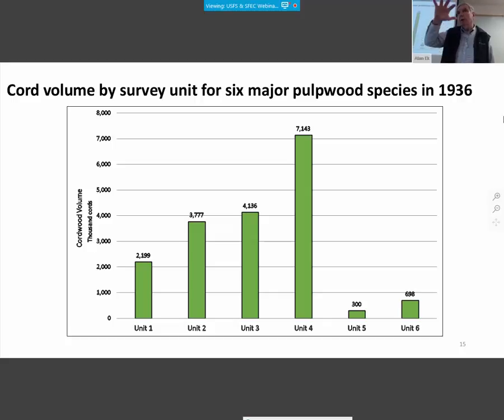Units 3 and 4 are around the Boundary Waters, Lake Superior area, and I suspect back then they had more wood in these two areas simply because we hadn't got to them totally yet in terms of harvesting. And if you look at our southern and prairie units, not much by the graph.